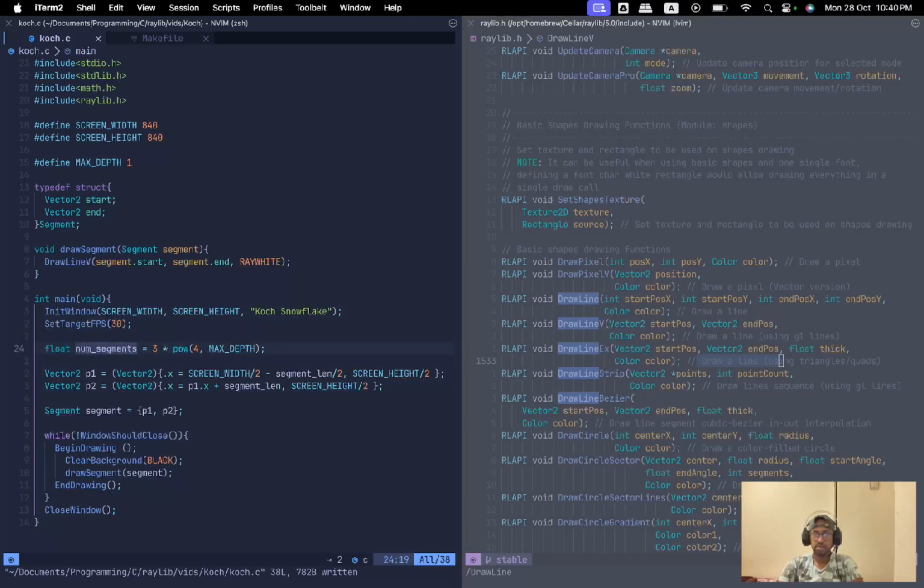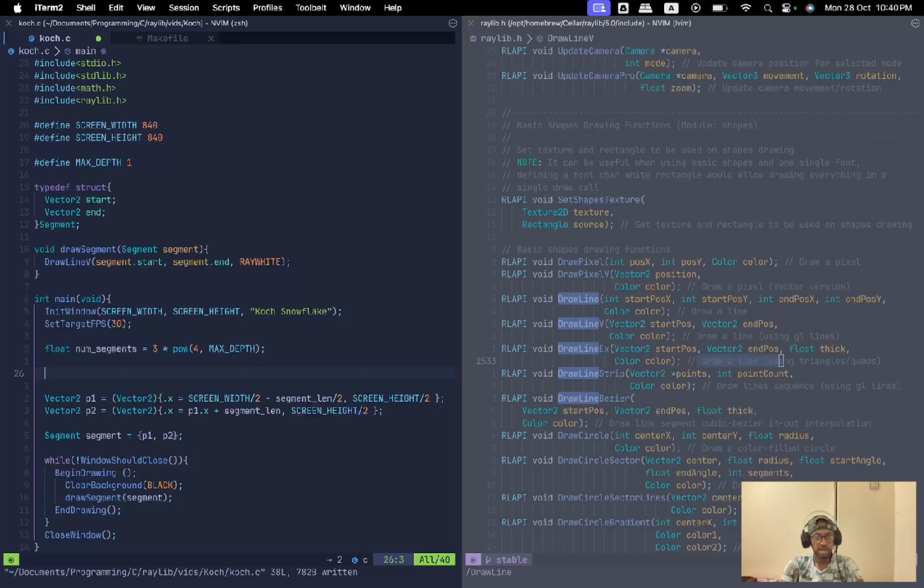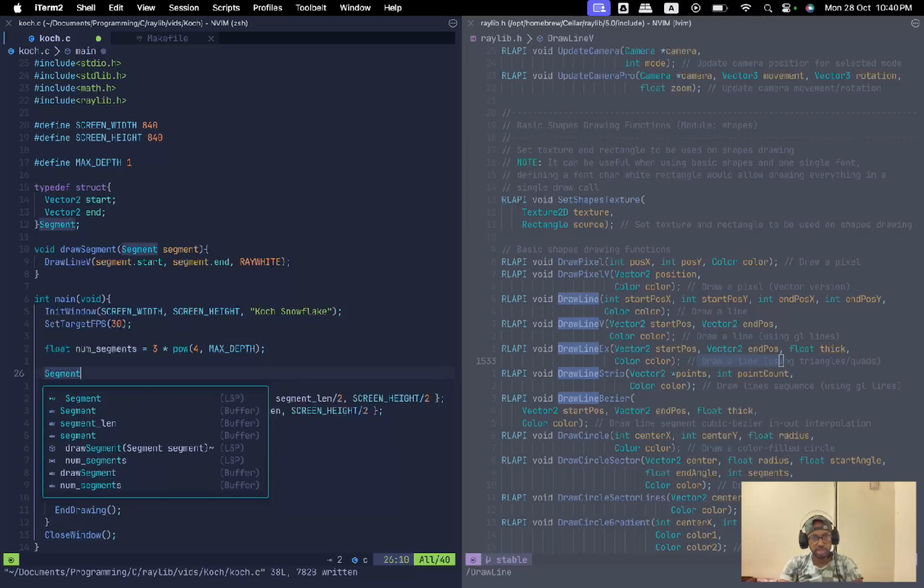So I have the number of segments here, so I know the number of segments for a given iteration or recursive depth. That means I can simply create an array. Let's allocate it dynamically. You can create it on the stack, but I want to allocate dynamically.